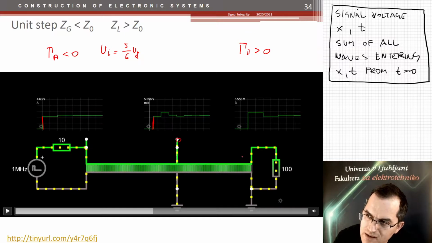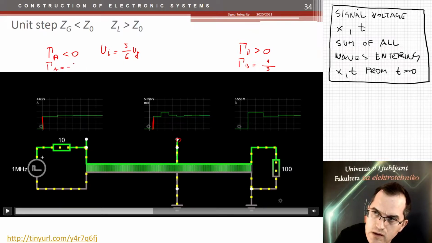And what do we get at the end? Well, reflection at the end, gamma B, is 100 minus 50 over 150, which is 1/3. And the reflection gamma A is minus 10, 50, 40, which is minus 2/3. Okay, 1/3 is reflected back. This is this one here. See?